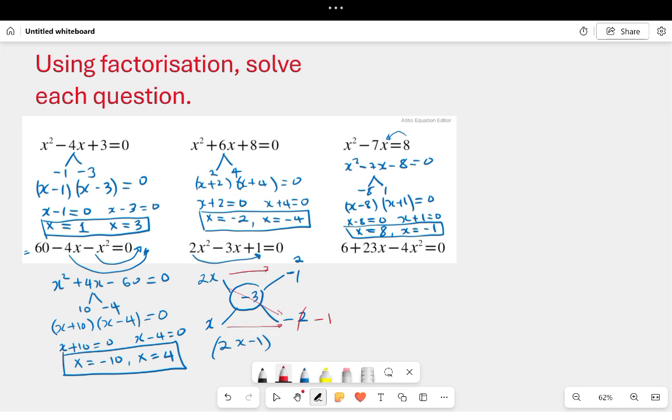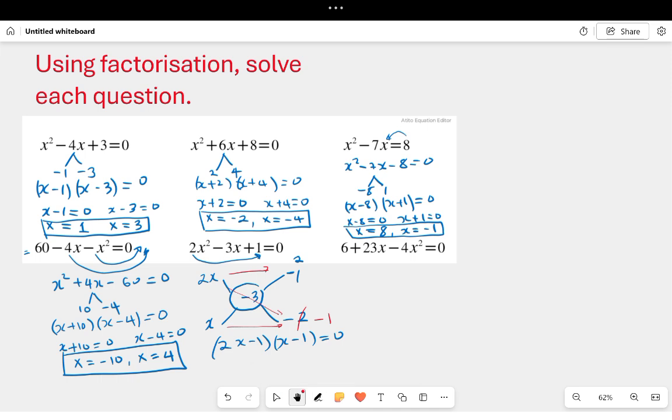It's going to be x minus 1, x minus 1 like that is equals to 0.